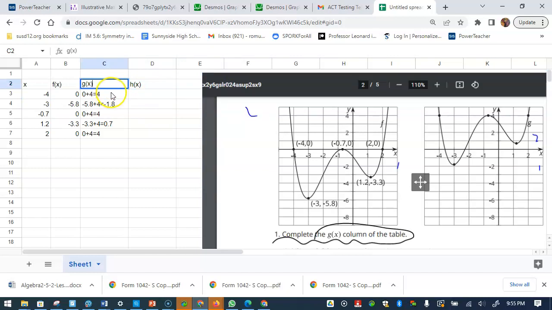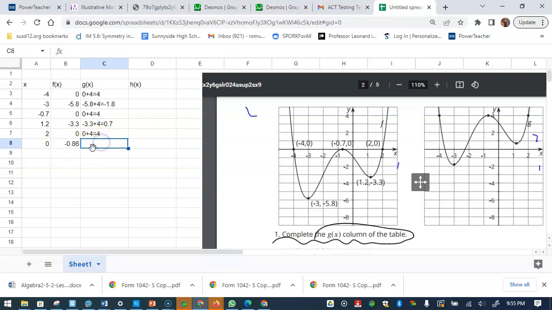So the next question is asking, if f of 0 is negative 0.86, that means the input of this one is 0, and the output is negative 0.86.